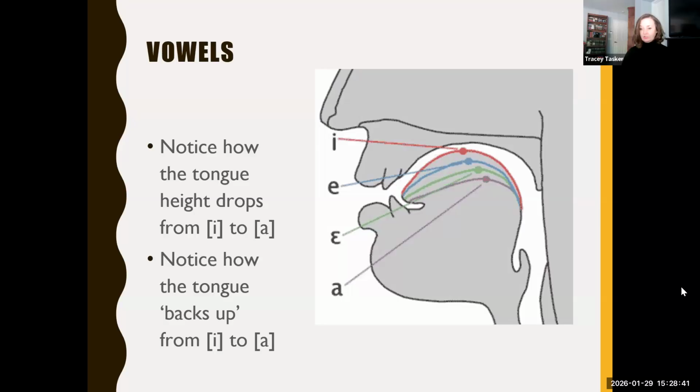I'm going to start with E, and then go to A, and go back to E. You can see my mouth gradually opening and my jaw dropping as I go from high to low. And you can feel your tongue again moving to these different positions.